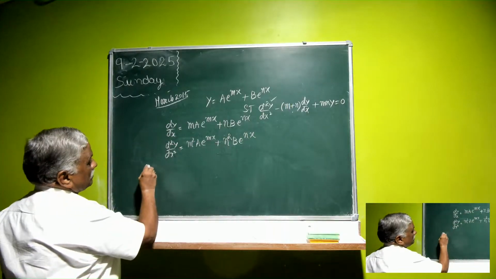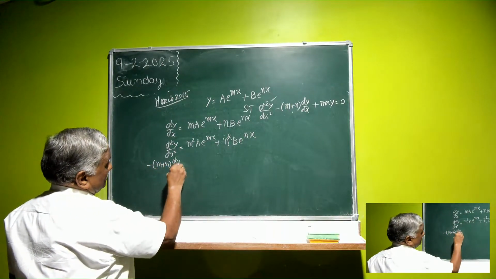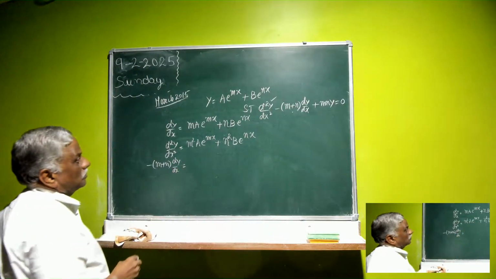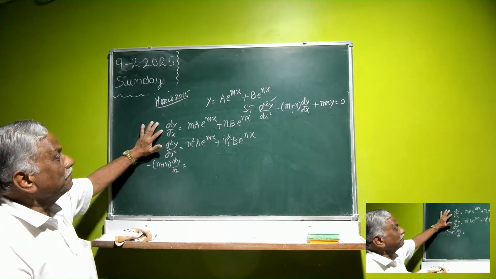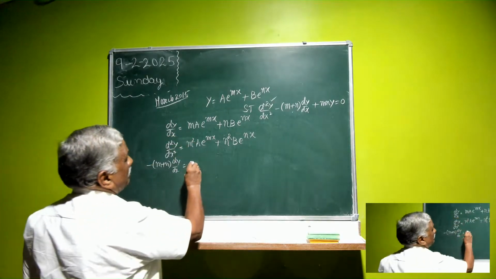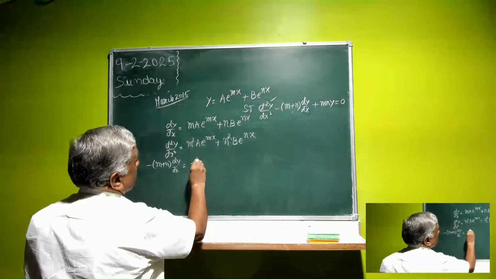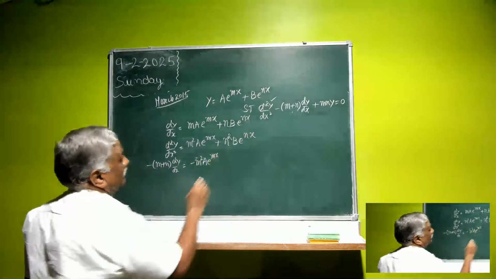Now we need minus of m plus n into dy by dx. So we have to multiply this by m also and n also. Let me first multiply by m. When I multiply this, I get minus m square a e power mx.